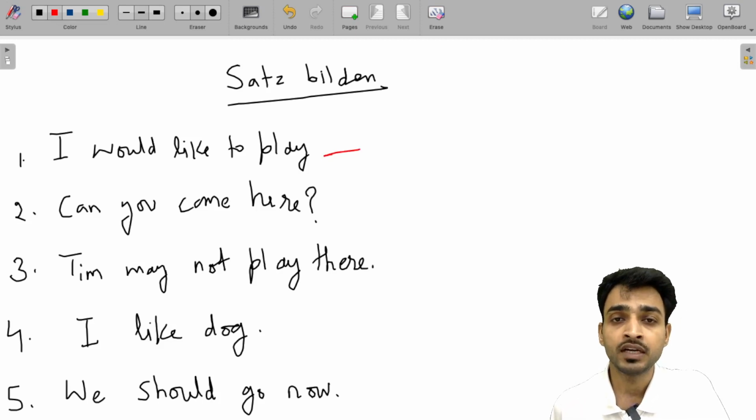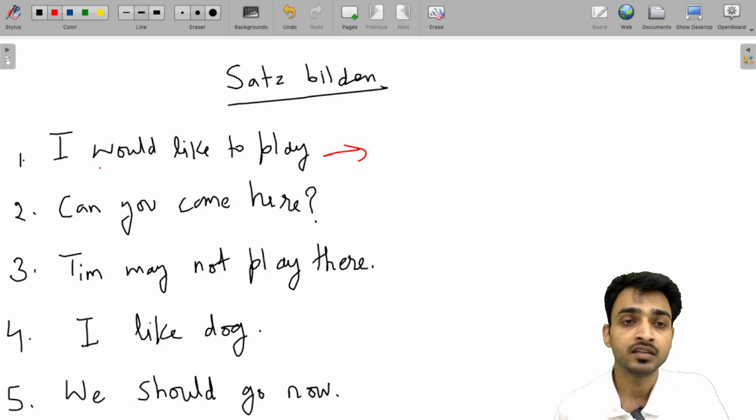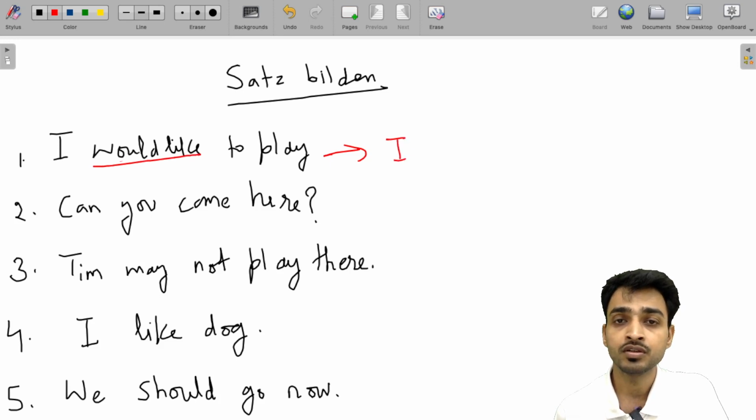First of all, we identify the modal verb. Would like here is would like. So the verb is möchten. Möchten is the modal verb that we have to use here. So would like is called in German möchte. So ich möchte spielen.